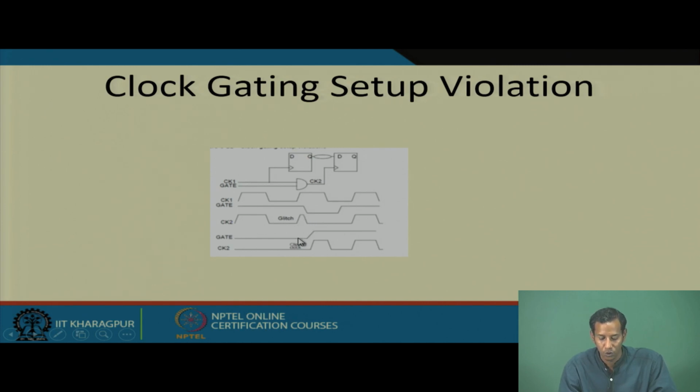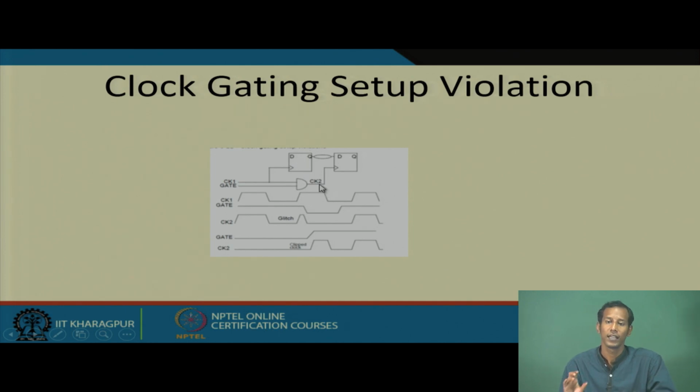If the gate signal is something like this, at that time there is no such glitch at clock 2. If you are getting any glitch here, the corresponding circuit performance will be totally wrong.